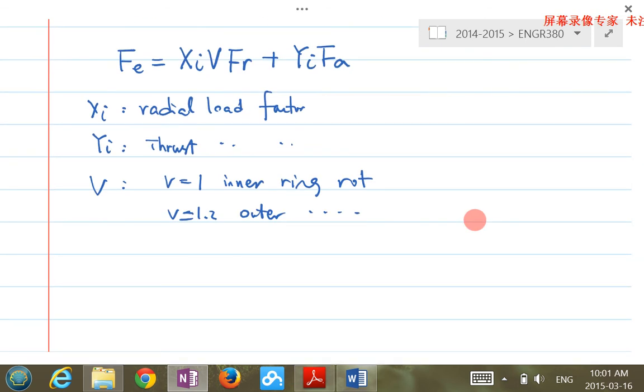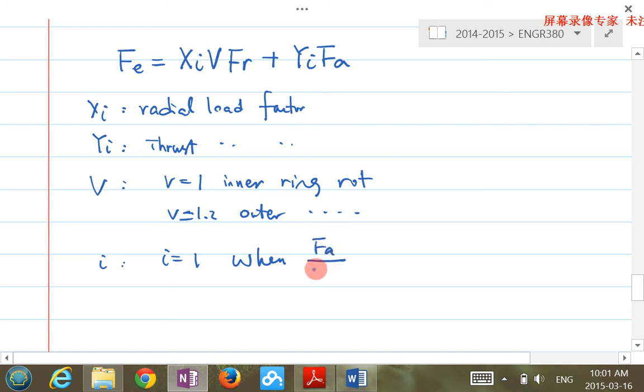So the i value takes two different values. i will take the value 1 when this ratio is less than a number called e. I'll show you what they are. I will take the value 1 because we're going to make use of a table here.